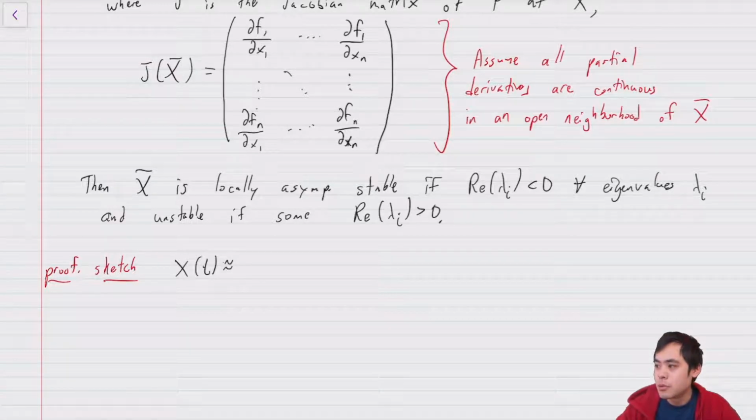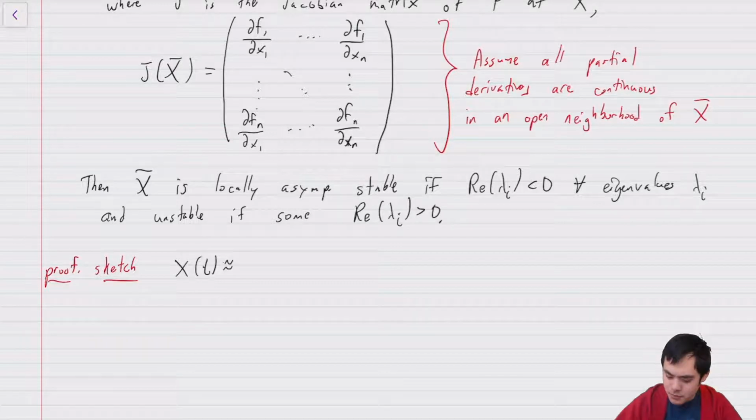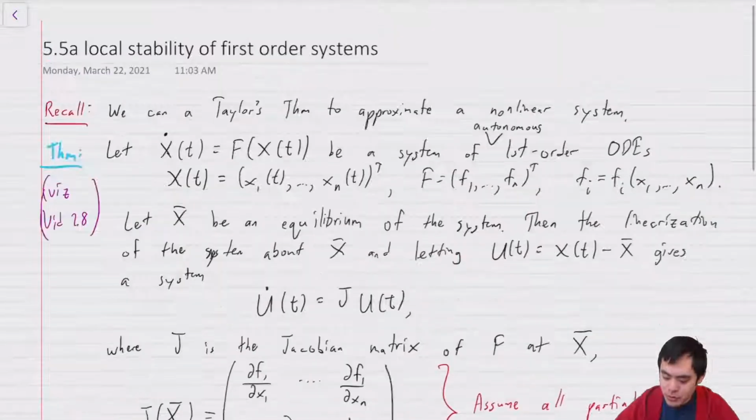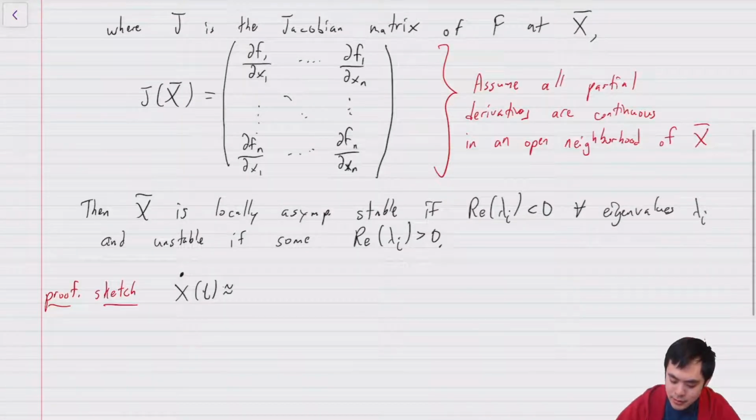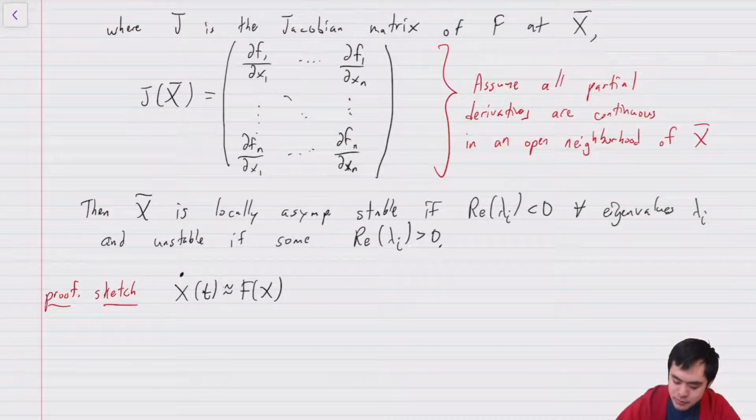Sorry, I did mean x dot of t. So x dot of t is, of course, equal to f of x, which is approximately equal to its Taylor series.